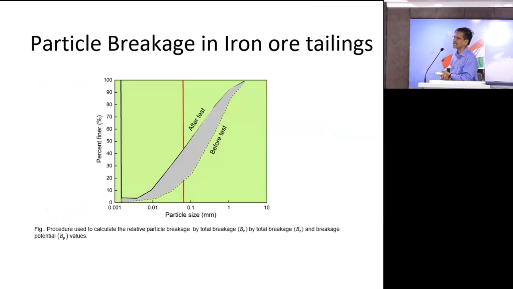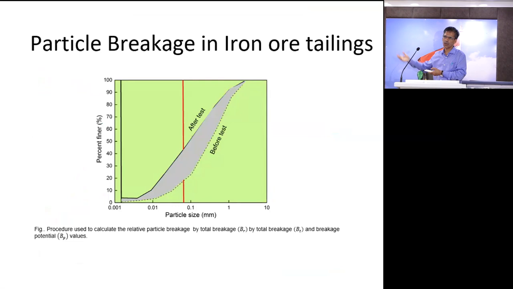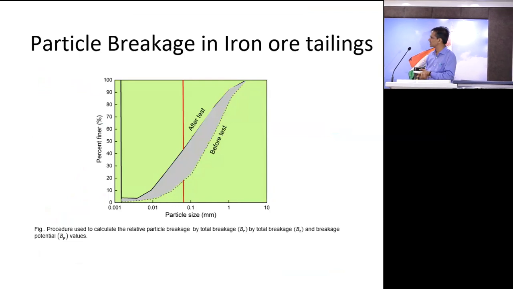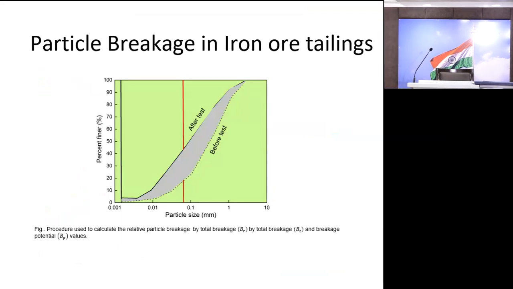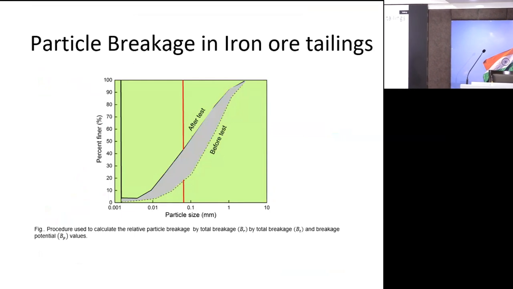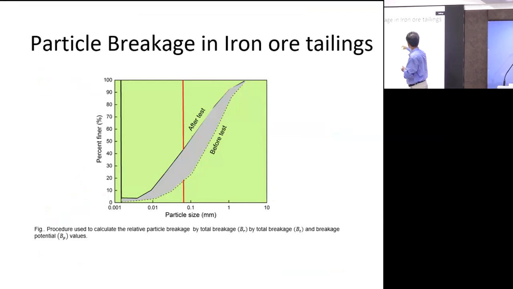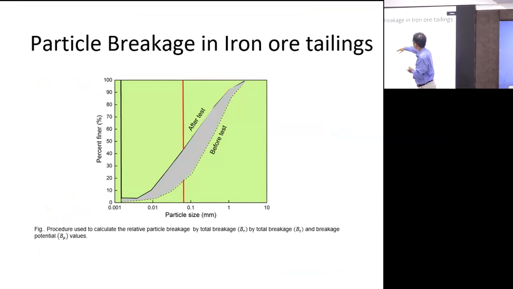And this also happens in iron ore tailing. I had also gone through another, called coal mine OB. You see, before the test, suppose I am taking one example. How much was the final? Suppose at 1 millimeter size it was around 80% finer.